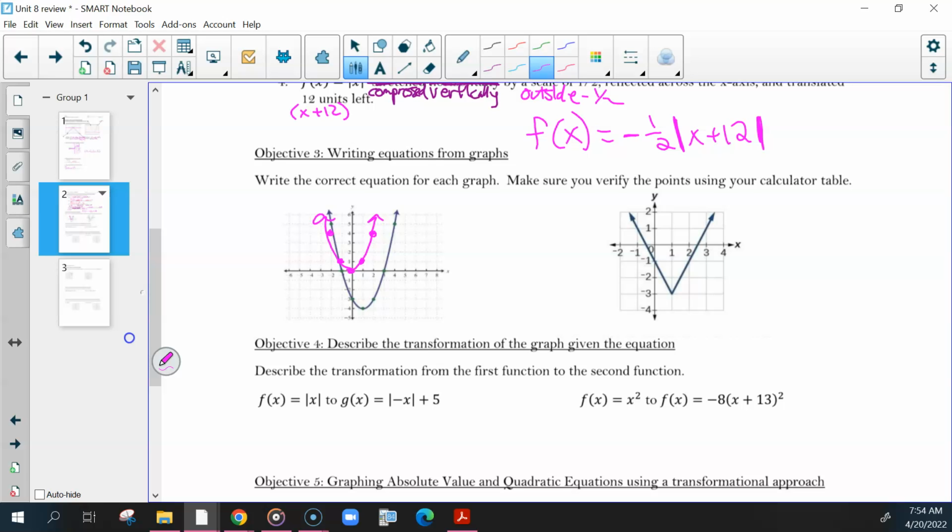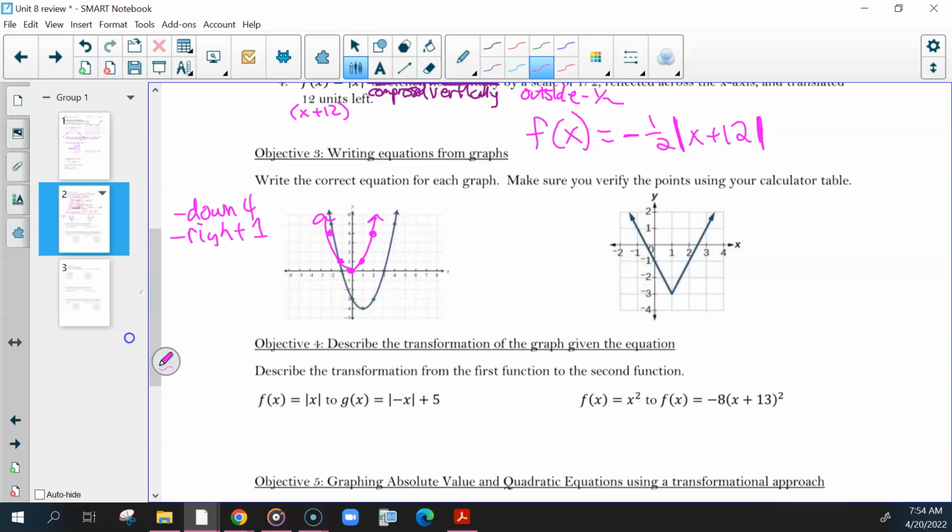From the parent function for this one, I see that the distance between the points is still the same, so all it did was move. It moved down 4 and to the right 1. Down would be an outside thing, right would be an inside thing.